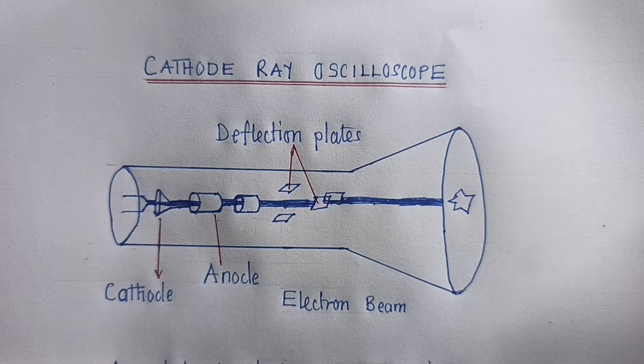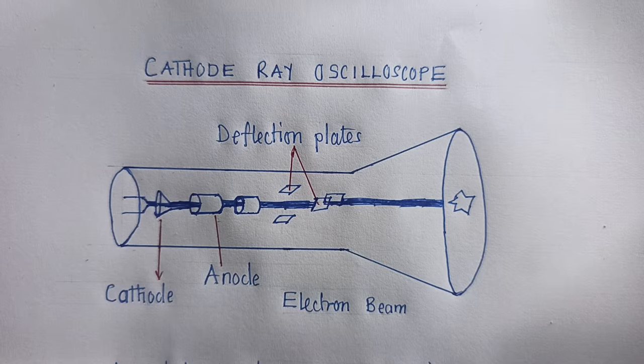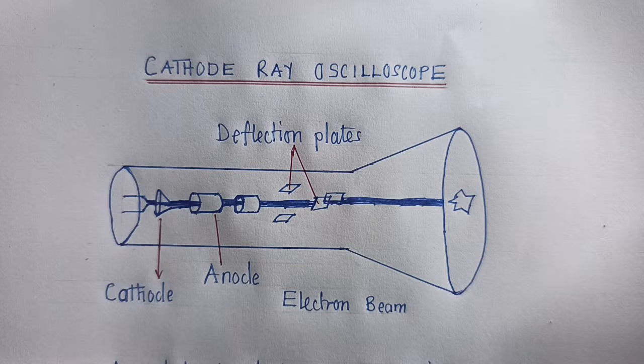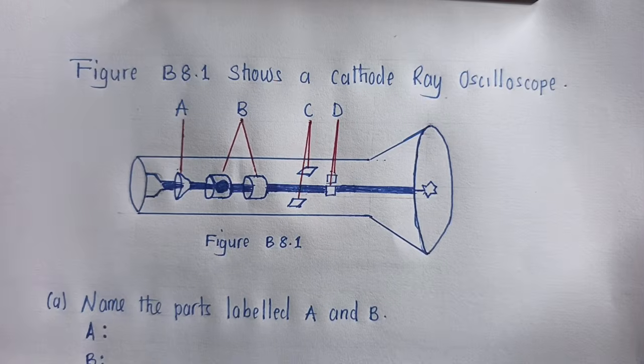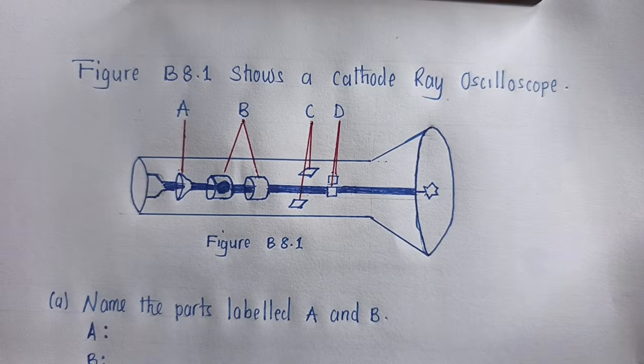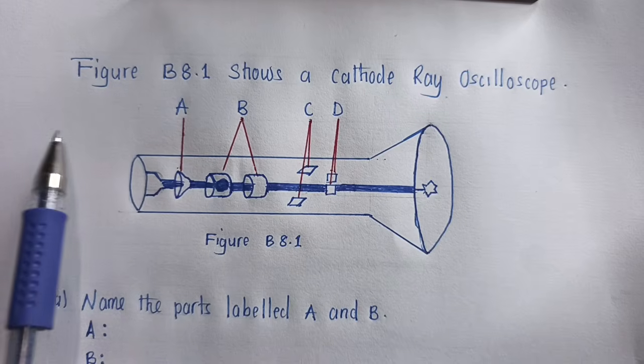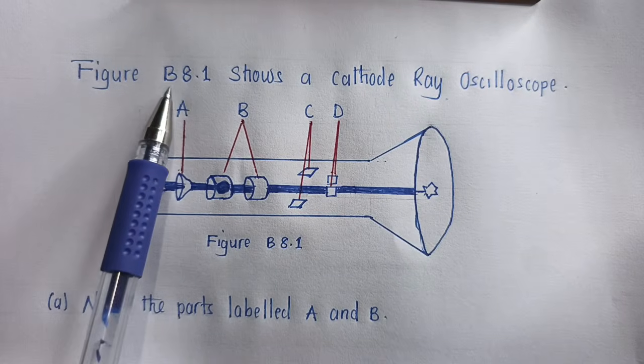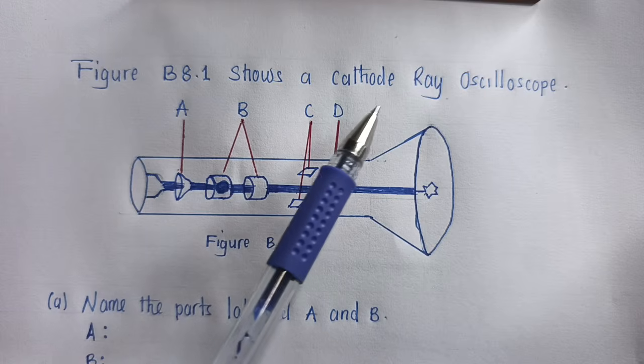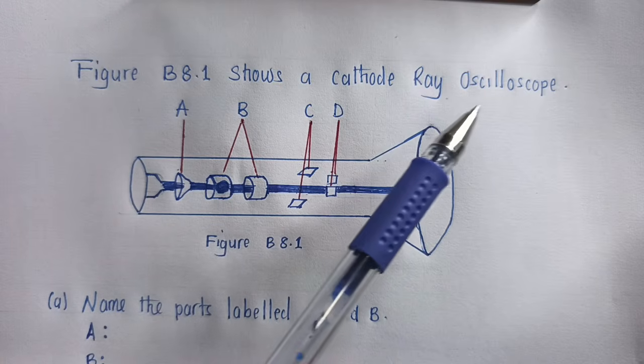Now, let's jump on a question which came in 2025 on this same topic and see if we can remember anything. So this beautiful question looked like this. It reads, figure B 8.1 shows a cathode ray oscilloscope.